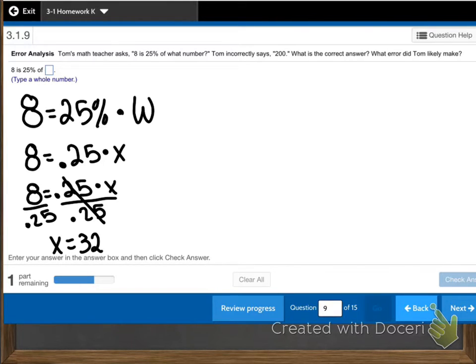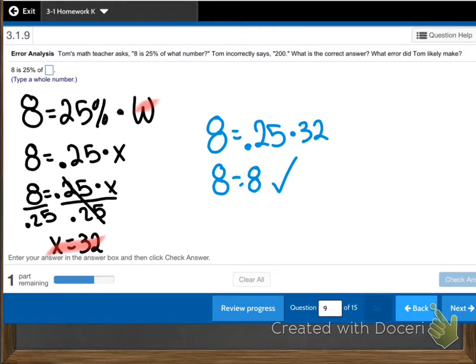So we're going to go ahead and double check our answer. 8 equals 0.25 times 32, so all I did was take that 32 from down here and plug it into our W. So 8 equals 0.25 times 32. If I go into my calculator, 0.25 times 32, 8 equals 8. Let's say you didn't have a calculator available.